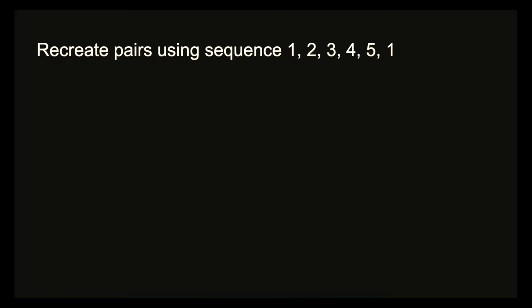Firstly, we pair 1 and 2, then we pair 2 and 3, 3 and 4, 4 and 5, and 5 and 1. So this is the valid arrangement of the pairs that we need to return. So let's jump into the code and implement this algorithm.